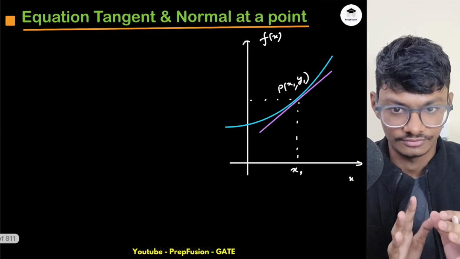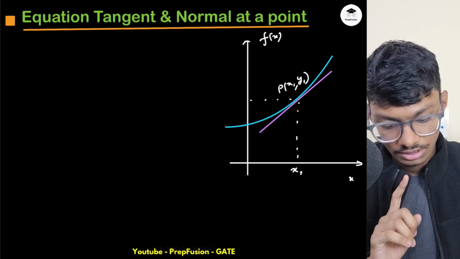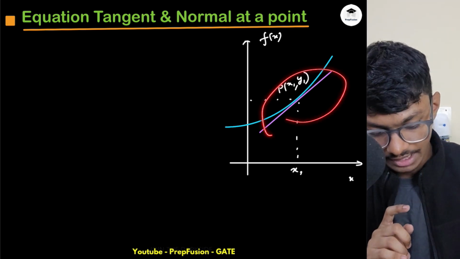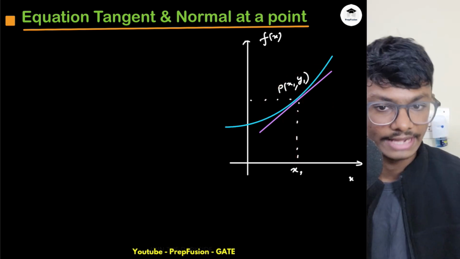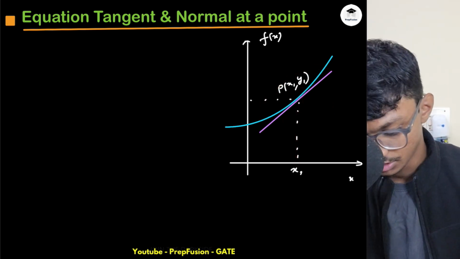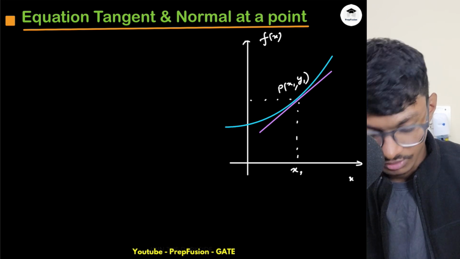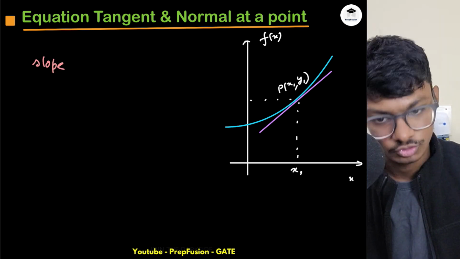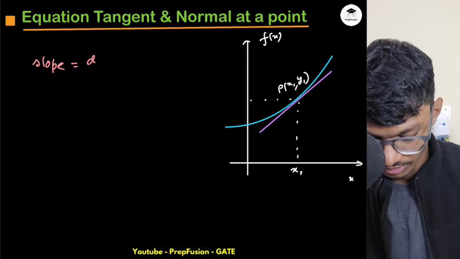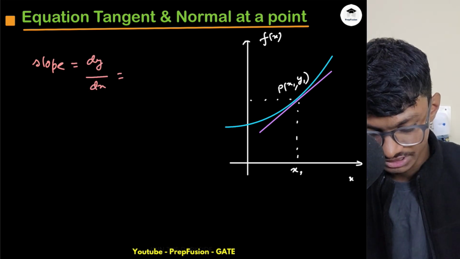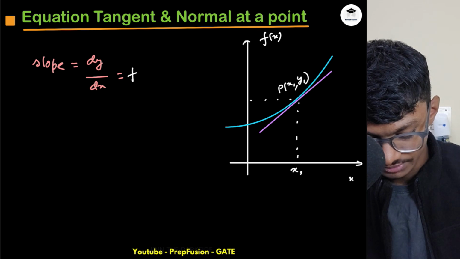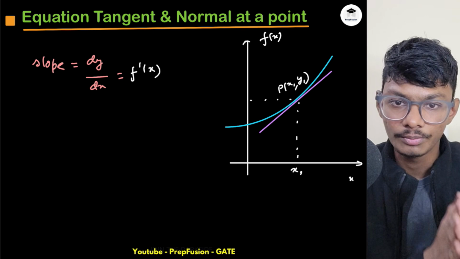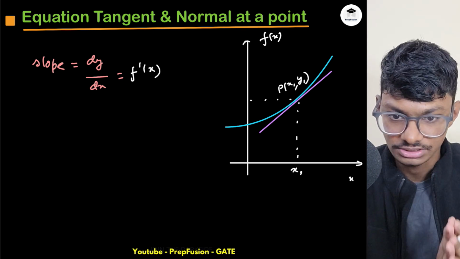Let's come to this graph. So here this is my tangent, okay, at point x equals x1. So tangent at point x equals x1. I will write a few things right now. What is my slope? Slope is dy upon dx, which can also be written as f dash of x. Now slope equals dy upon dx equals f dash of x.